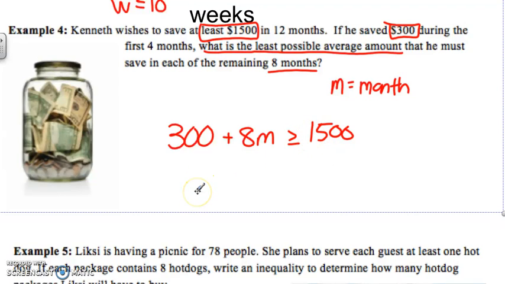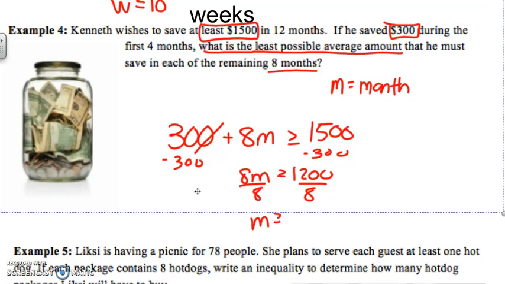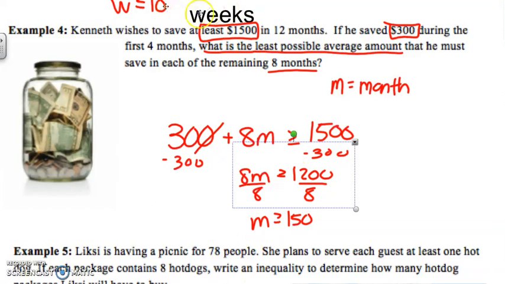So I'm going to solve this problem by subtracting 300. I would get 8M is greater than or equal to 1200. Divide by 8. I believe it is 150.